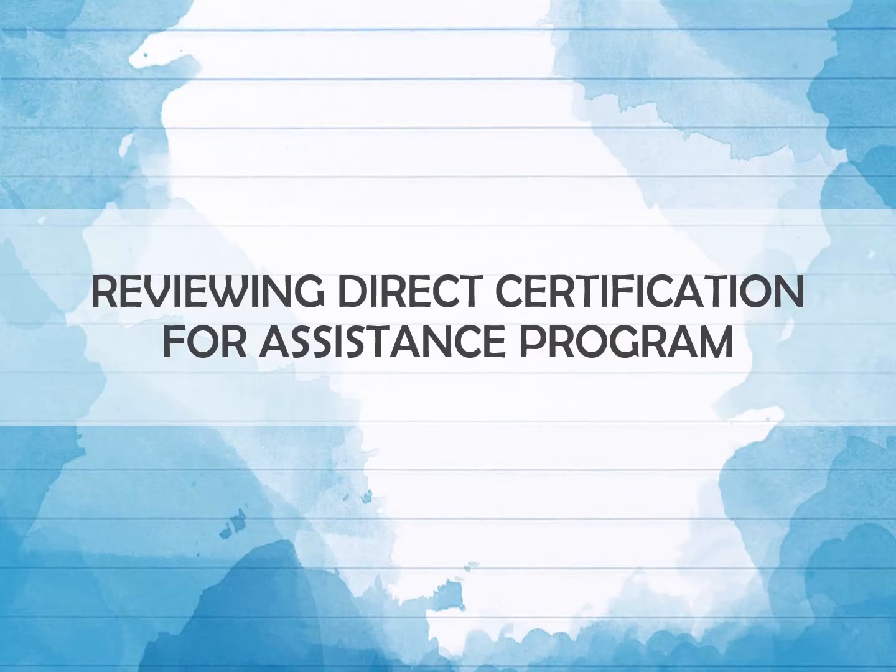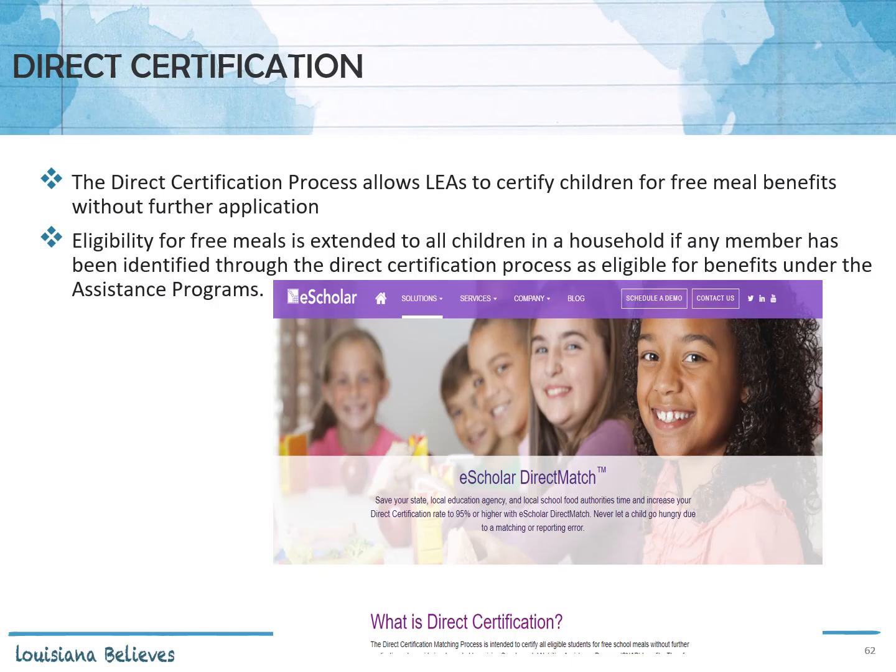Let's review the direct certification requirements for assistance programs. The direct certification process allows LEAs to certify children for free meal benefits without further application based on information provided by the state or local agencies administering SNAP, TANF, and FDPIR.